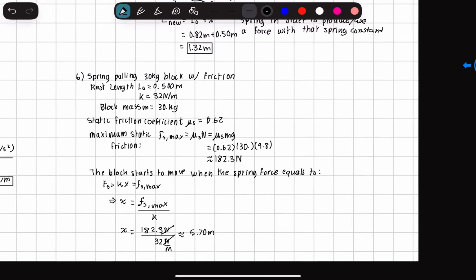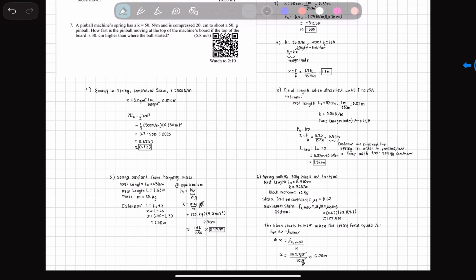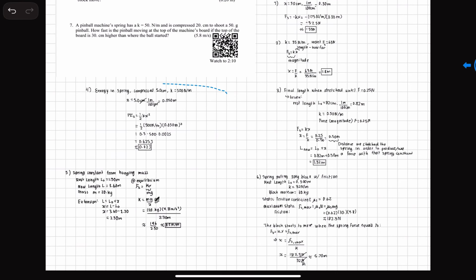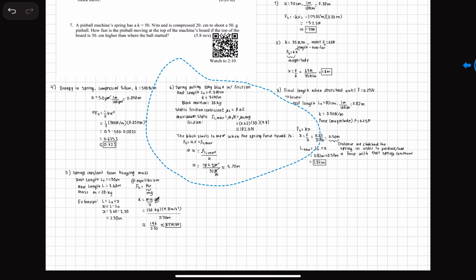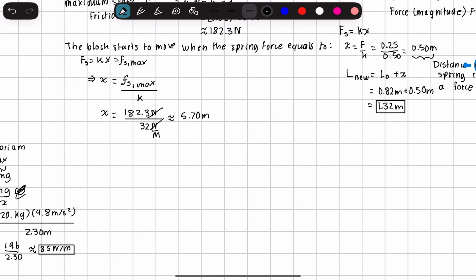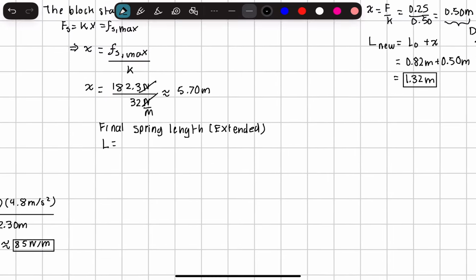Now we want to get the final spring length. We're kind of running out of room here. Let me move this over here and this over here. So we want to solve for the final spring length. The final spring length is just L, when it's extended fully with the mass on it.